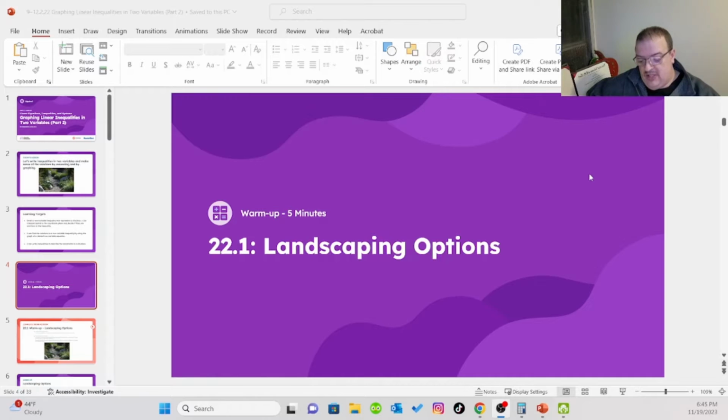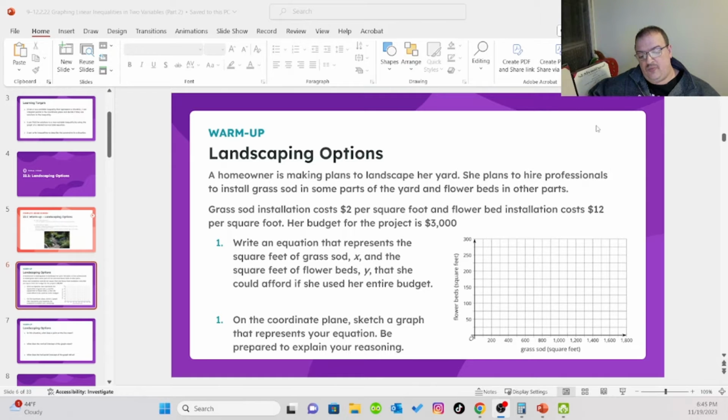Our warm-up today is 22.1, landscaping options. A homeowner is making plans to landscape her yard. She plans to hire professionals to install grass sod in some parts of the yard and flower beds in other parts. Grass sod installation costs $2 per square foot, and flower bed installation costs $12 per square foot.